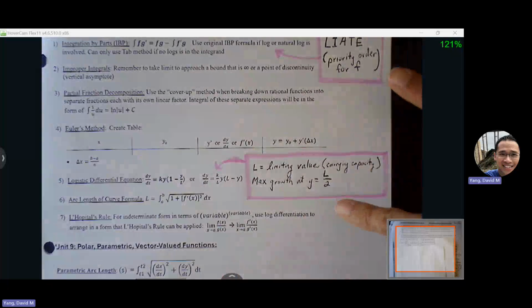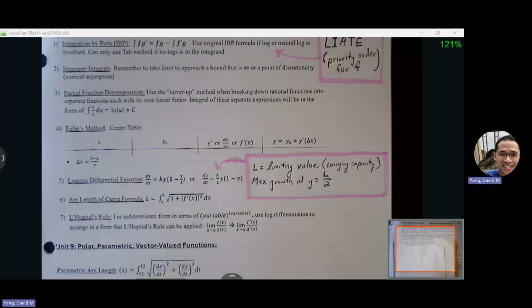If you can add a couple of things though, after I printed it out, I realized there were some details that I can provide for some of these. So for integration by parts, the priority order that we use for determining what our f function is, is going to be LIATE. L for logs.